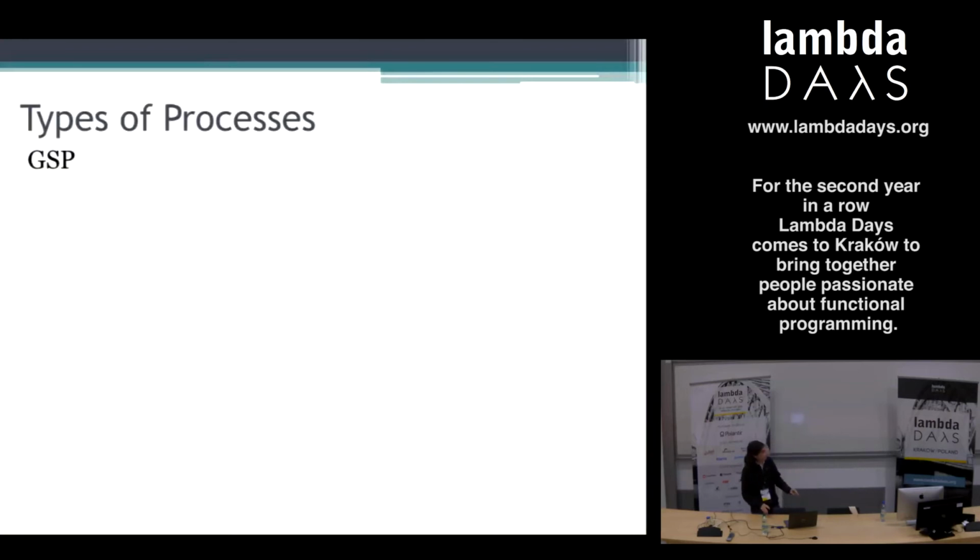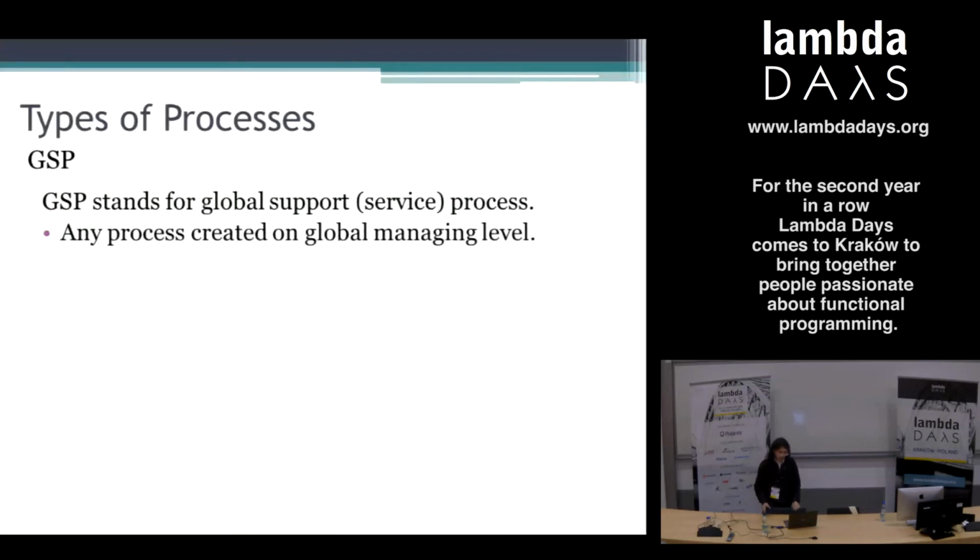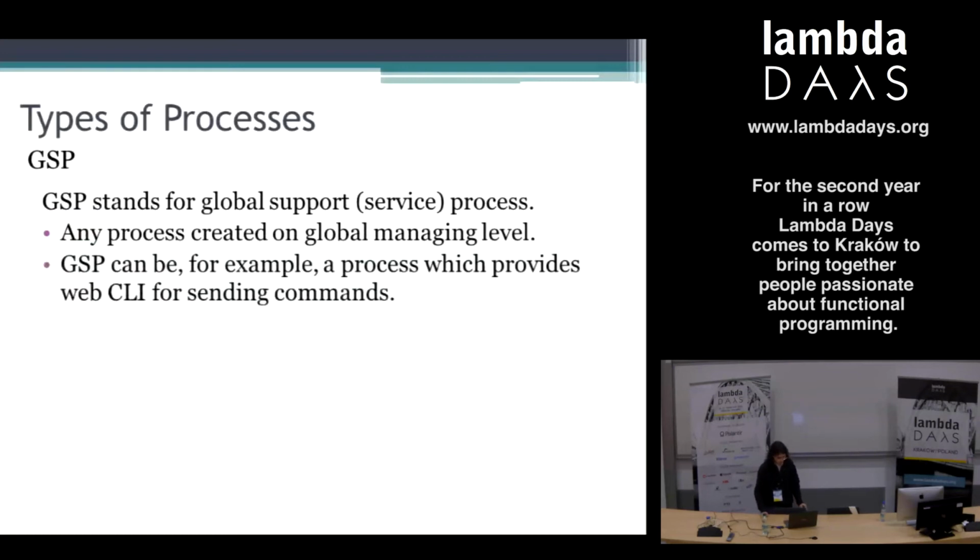You can change it. So the other group of support processes are service processes, or global support processes and local support processes. Let's start from global support process. Yes, GSP stands for global support or service process. Any support process created on the global managing level is GSP.